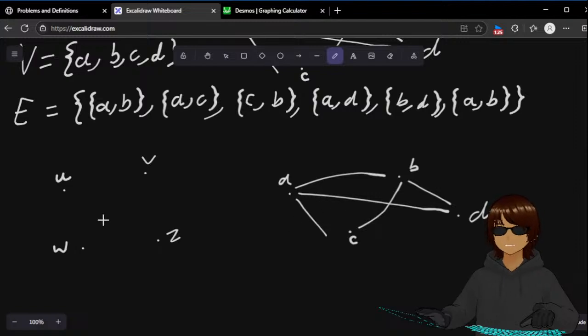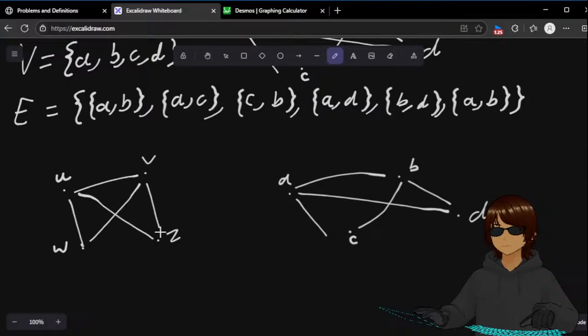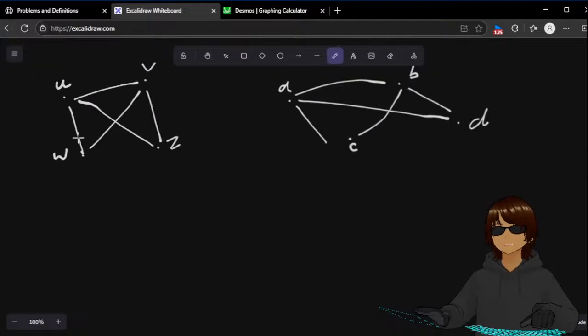For example, I can have a function that assigns U to A, V to B, W to C, and Z to D, and I will get this graph.